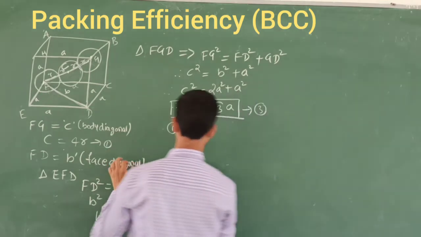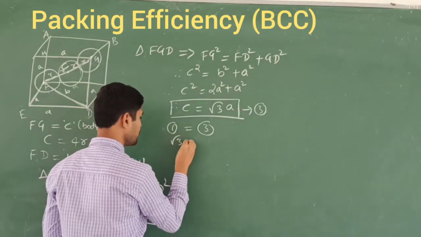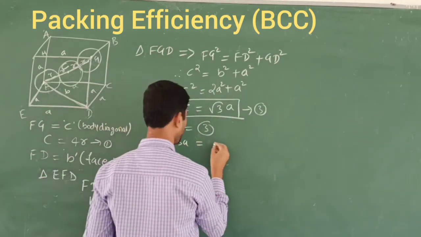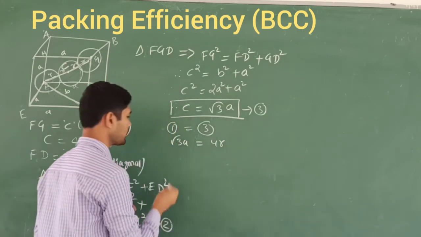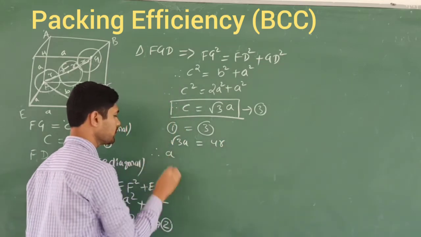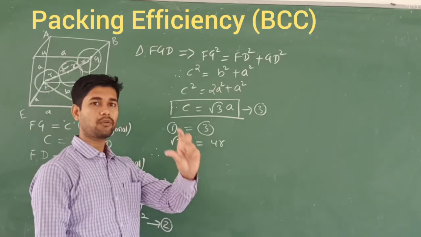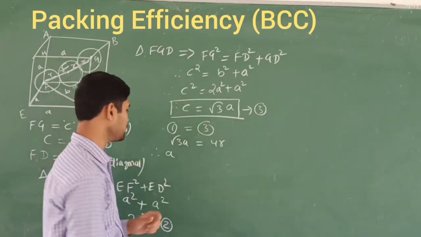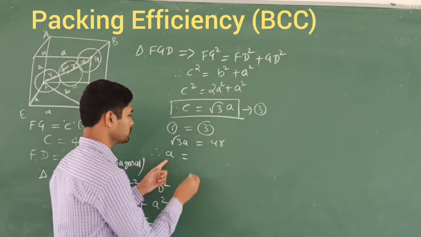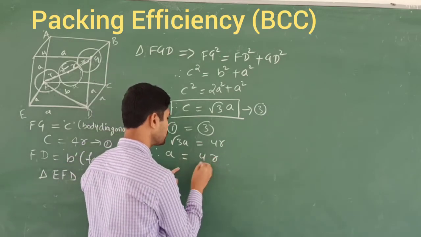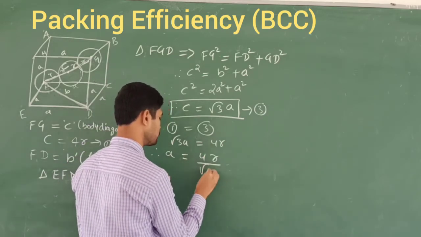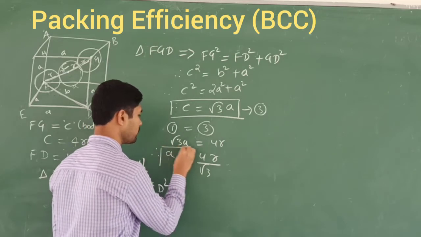That becomes root 3a is equal to 4r. So I am going to get the value of a, because the volume of the cube, that is a cube, will be needed. So now a is equal to 4r by root 3. Now I got the value of this a.